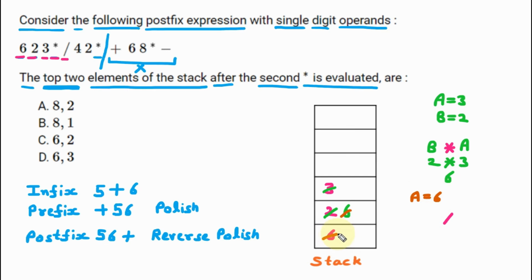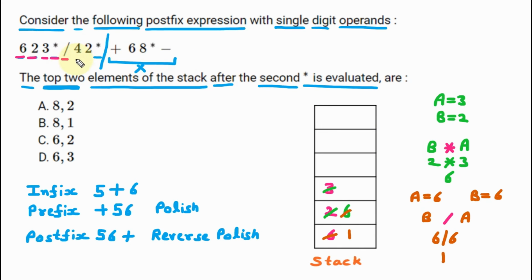Then again pop the next element and store it inside the B. So inside the B we have 6. And we need to calculate B operator, which is divide, A. So B divide A, that means 6 by 6, and that is 1. So we are pushing back 1 to the stack.